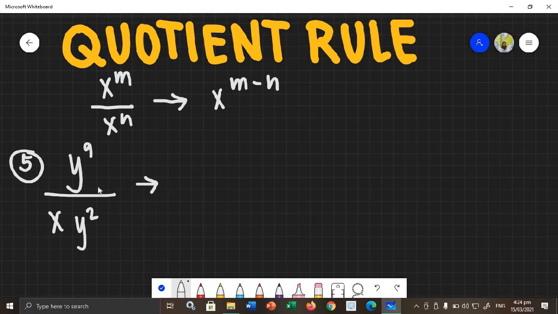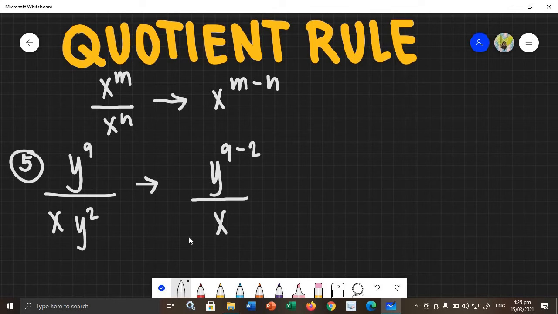As you can see here, the only same variable or base is y. So y raised to 9 minus 2. If you notice, earlier z was in the numerator, so we wrote it. This x is in the denominator. Therefore, we will not remove it from the bottom because it is in the denominator. So we write y raised to 9 minus 2 over x, because x is at the bottom. Z earlier was at the top, so we had no problem with it earlier in example number 4.